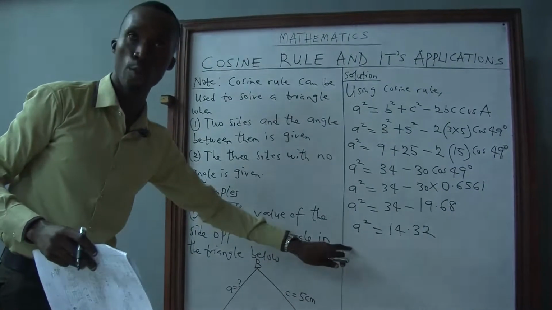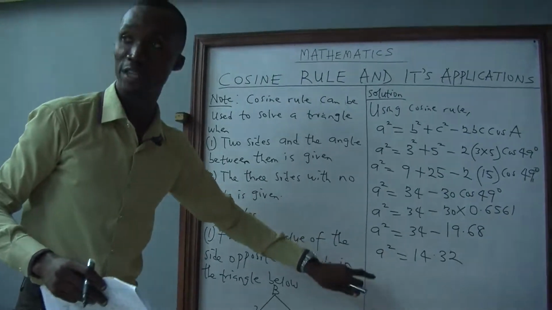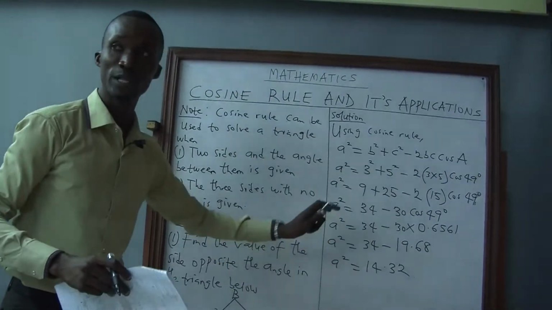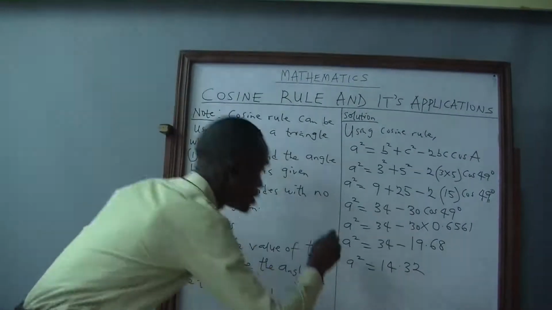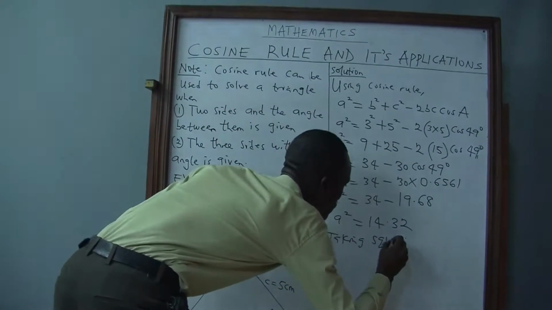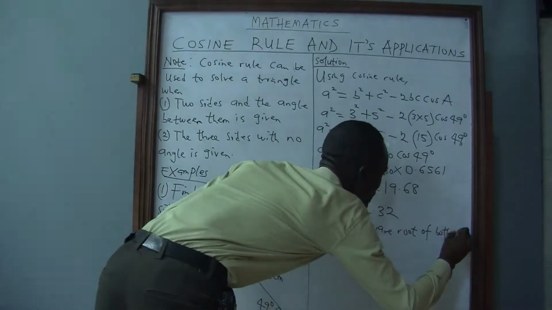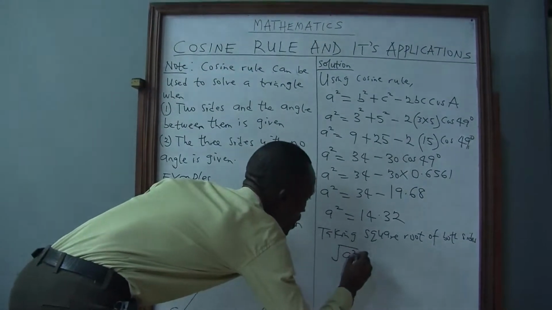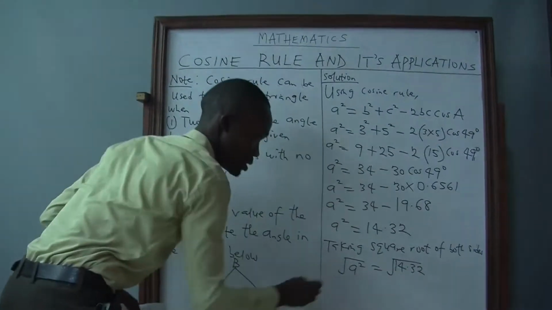Now since a squared is equal to this, to generate a, what we do is we take the square root of both sides. For any expression that involves square, we take square root. For any expression that involves square root, we take square to get what we need from that expression. So from here, taking square root of both sides, we have square root of a square equals square root of 14.32.